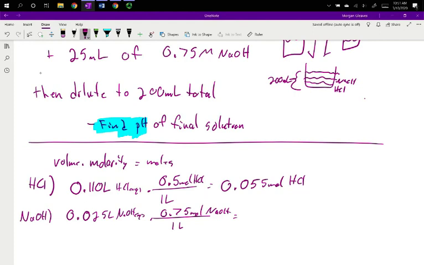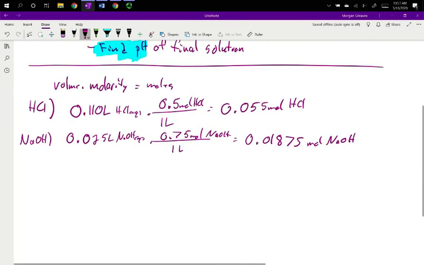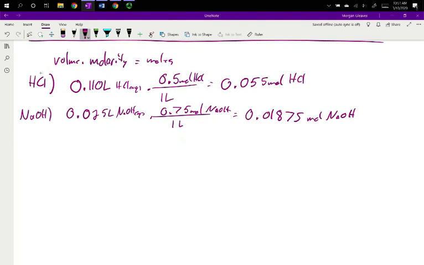And what we will find is that it is 0.01875 mole of NaOH. So I clearly have more HCl than sodium hydroxide. It's a monoprotic acid, so they're 1-to-1. So I can just subtract them.